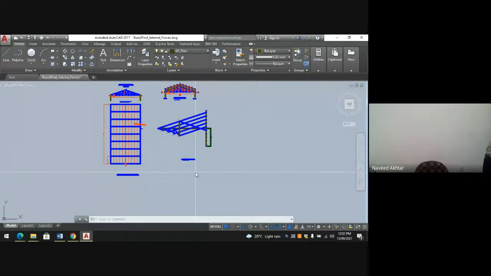Okay. So coming to part B, let's draw the force table. I will show you how to draw the force table. You can draw it on the sheet, and the forces of the members are shown.